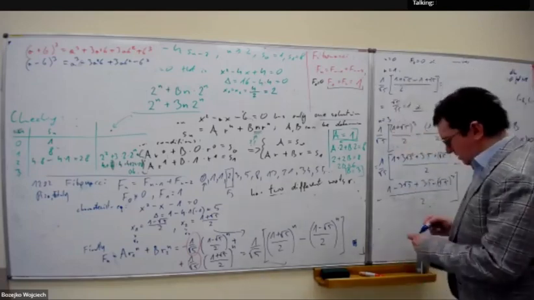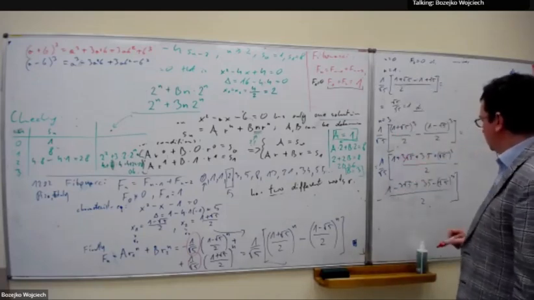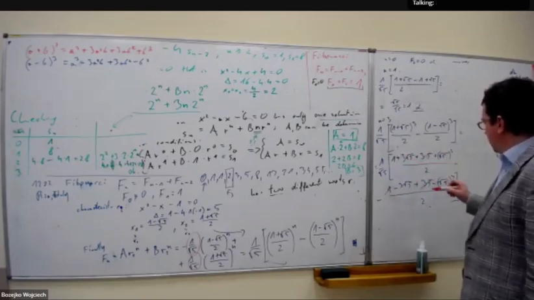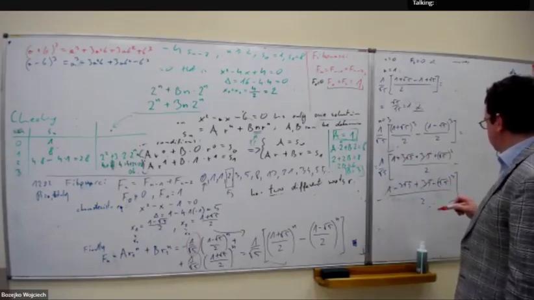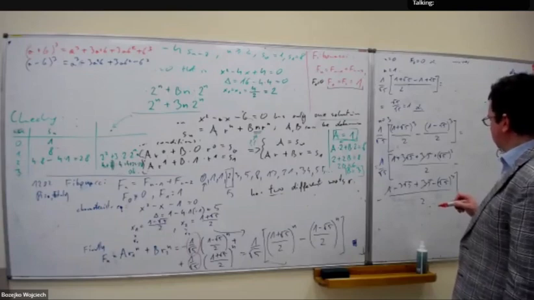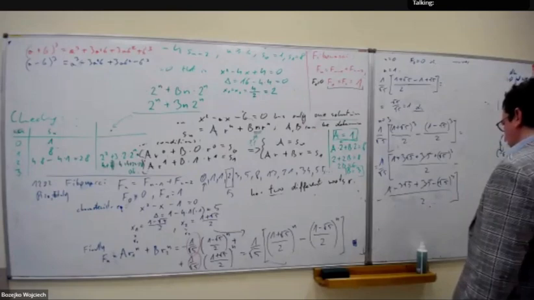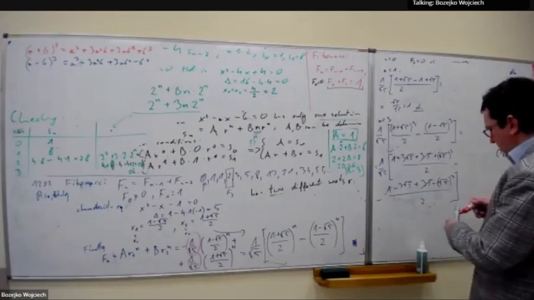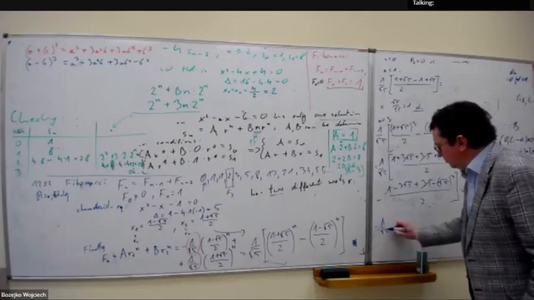So finally, we can erase this one, yes, because this is 1 minus 1. Also, this is this one with this one. Yes. Okay. Okay, so finally, we have something like this. 1 divided by square root of 5.